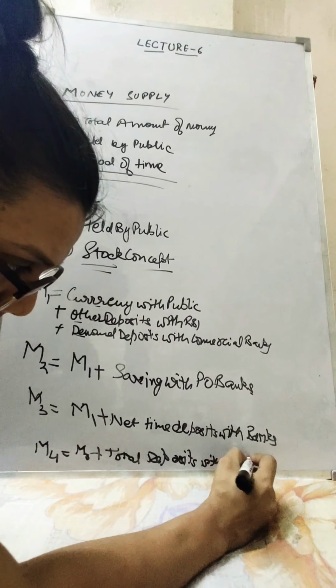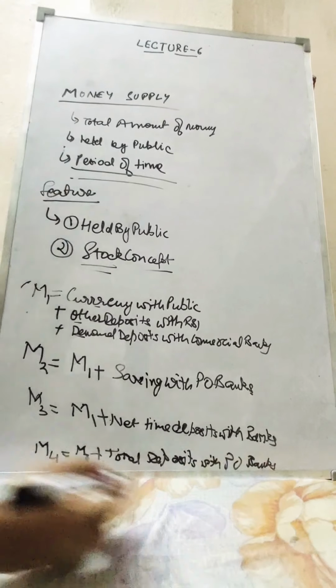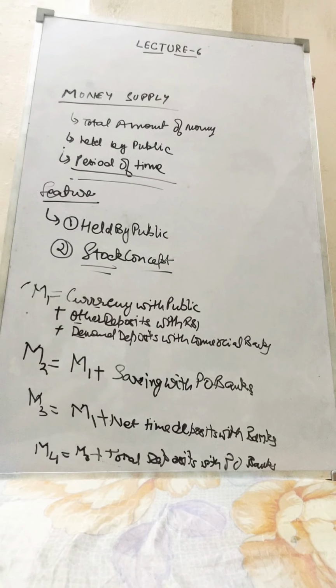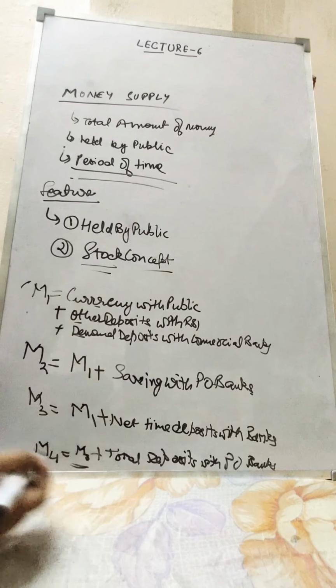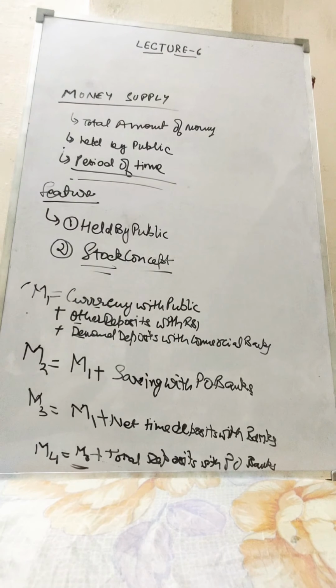Post office banks. So total deposits with post office banks becomes our M4 measure of money supply.